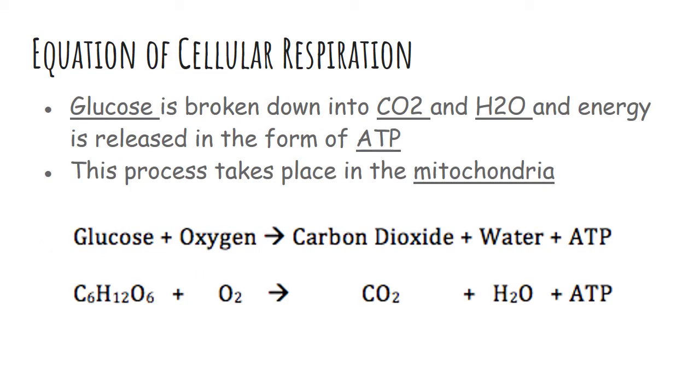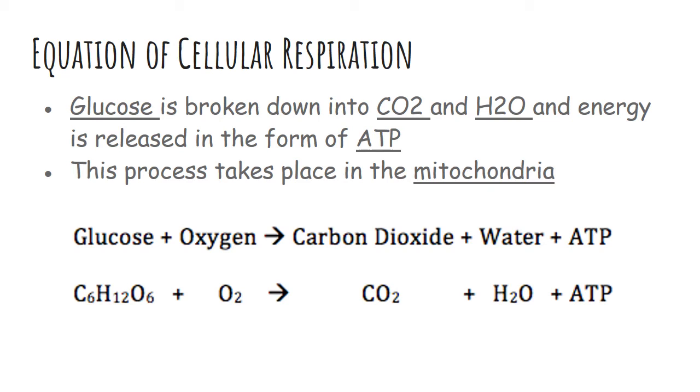So in the equation for cellular respiration, glucose is broken down into CO2, which is carbon dioxide, and H2O, which is water, and energy is released in the form of ATP. Remember ATP? We talked about that a bit when we talked about organelles. It's the energy source that cells use.